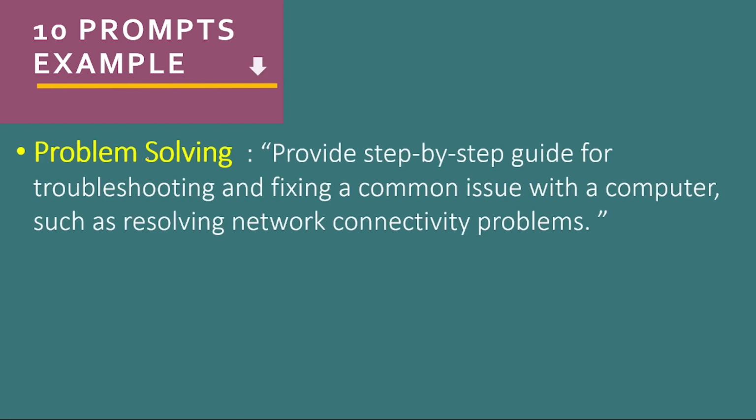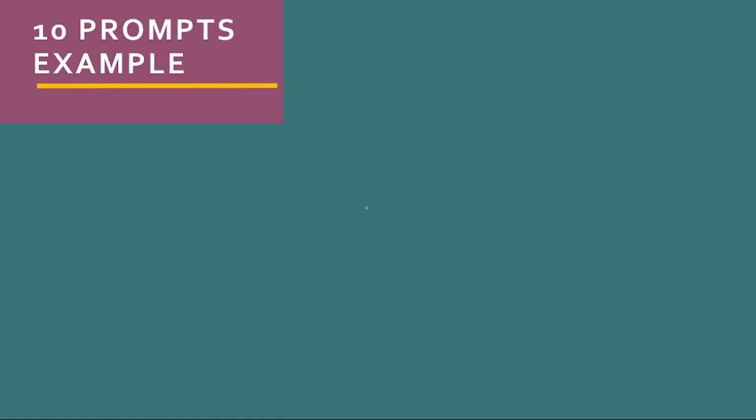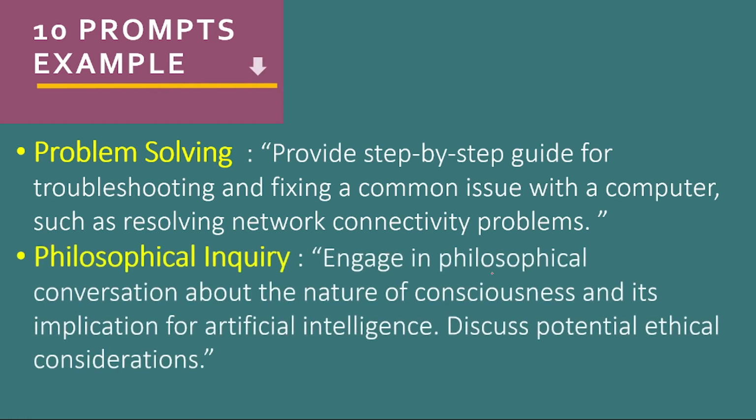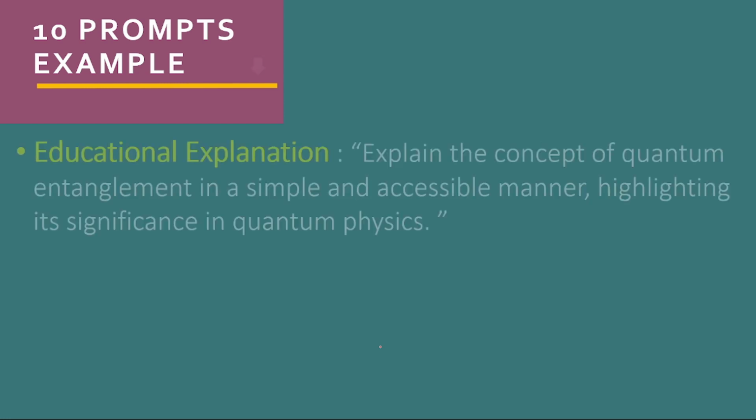You can also use it for problem solving: provide a step-by-step guide for troubleshooting and fixing a common issue with computers, such as resolving network connectivity problems. You can have philosophical inquiry as well: engage in a philosophical conversation about the nature of consciousness and its implications for artificial intelligence. Discuss potential ethical considerations. So this will give you philosophical ideas in detail.